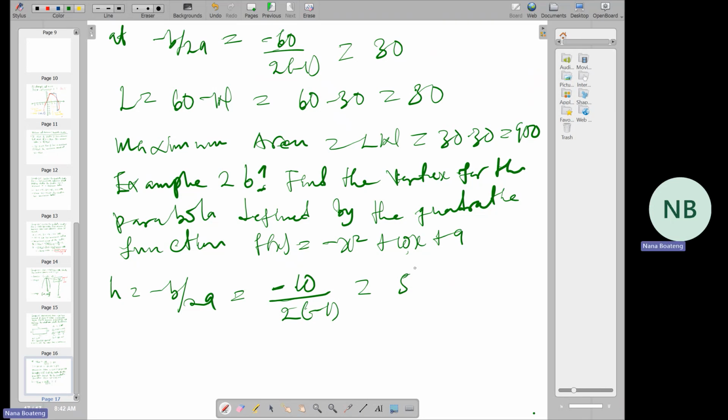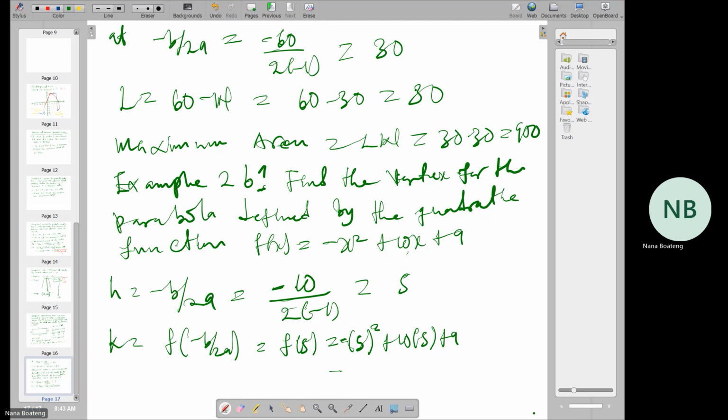And k is equal to f of minus b divided by 2a, which is f of 5. And this equals negative 5 squared plus 10 times 5 plus 9. And this gives us 34. So this becomes the vertex point.